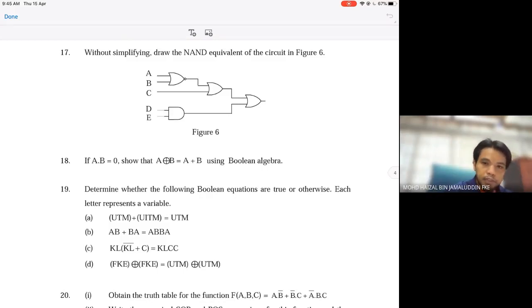The test is on Wednesday the 28th. If you don't know, maybe on the morning of the 28th we can have some discussion before the test.